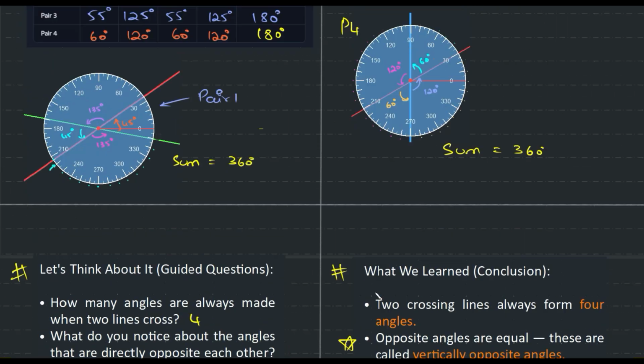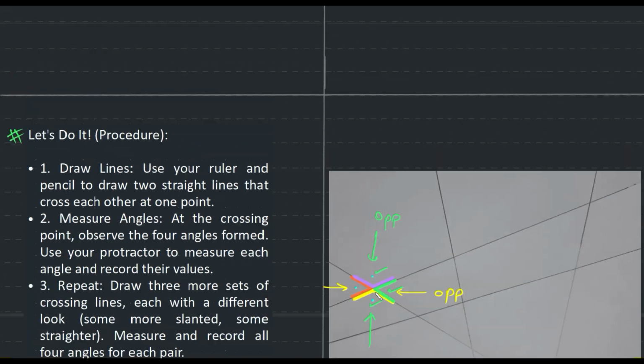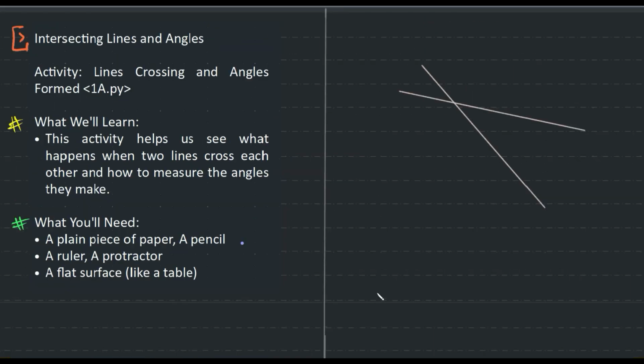So what is it that we learned? We saw that lines can intersect. That is, they can meet. So this is the point of intersection.